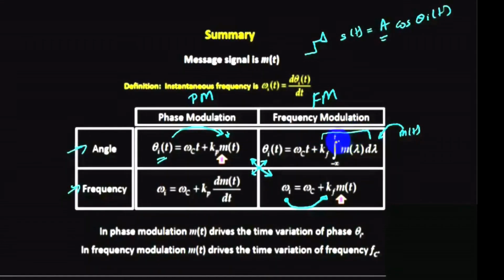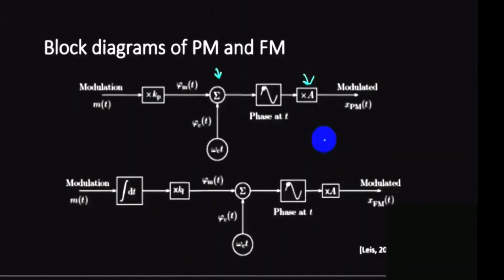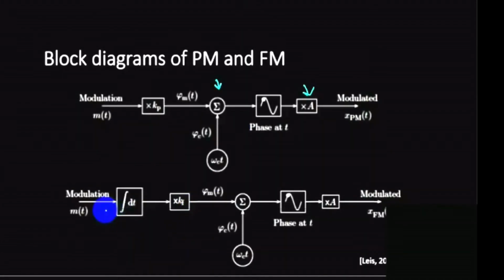So once it is passed through an integral block, we multiply with a sensitivity constant kf, which is then added with the carrier frequency omega ct multiplied by gain, and eventually you get a modulated FM signal.